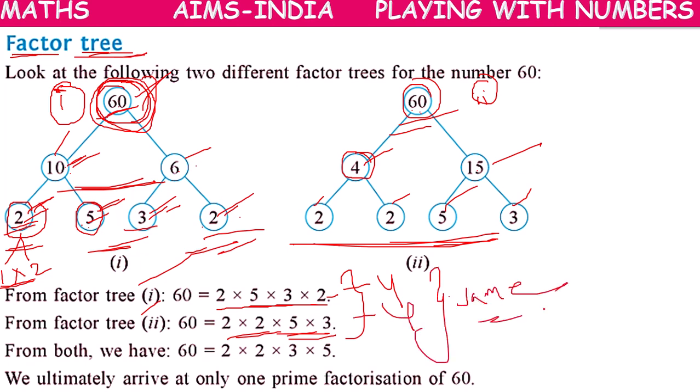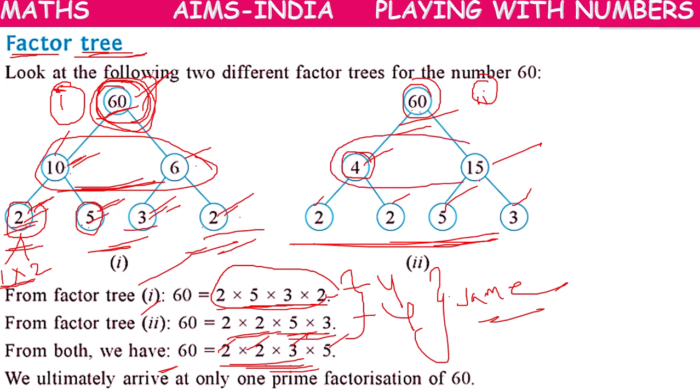If all the factors are arranged in ascending order, then the prime factors of 60 are 2 into 2 into 3 into 5. Means, though the beginning product we have taken may be different, and our approach in the first example and second example may be different, finally we have got the same prime numbers.